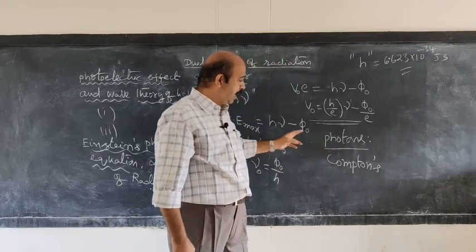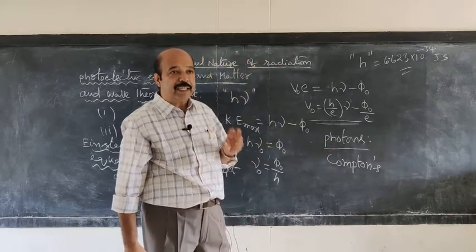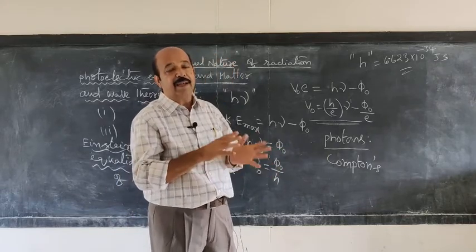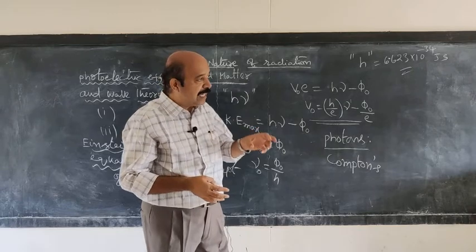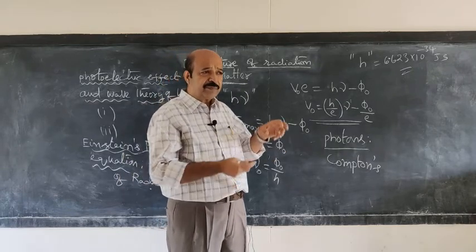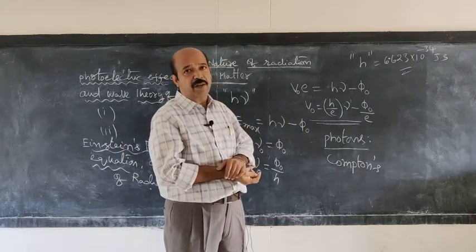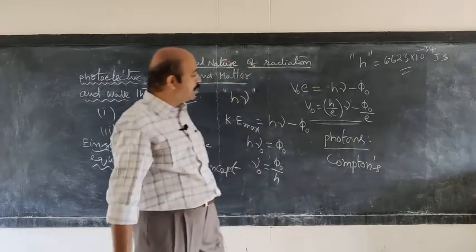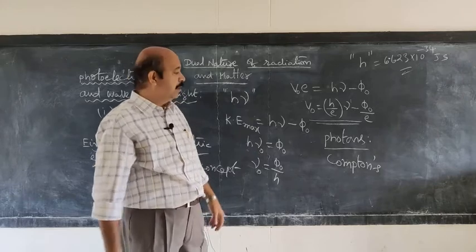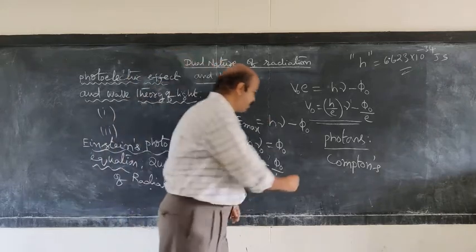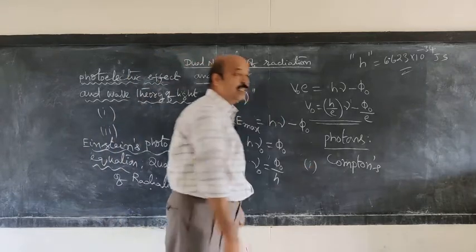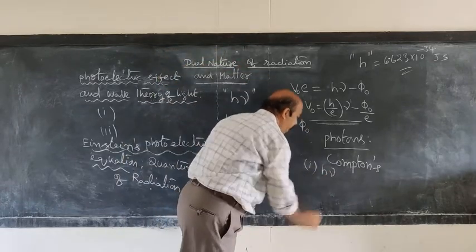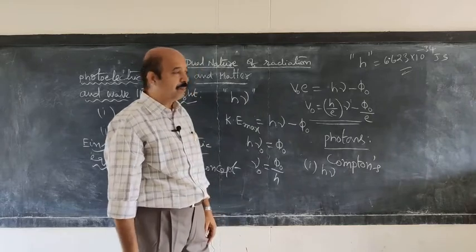So photons, that is the radiation, can be treated as energy quanta called photons, which behave like matter particles when they interact with particles like electrons. So the nature of photons can be summarized like this. Photons are energy quanta, each one having energy equal to Planck's constant times the frequency.